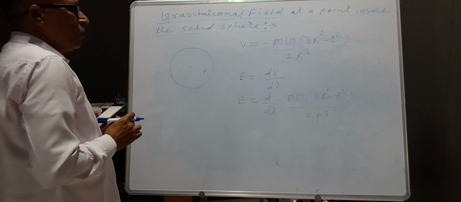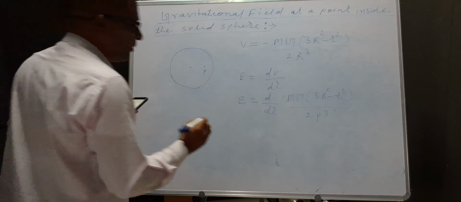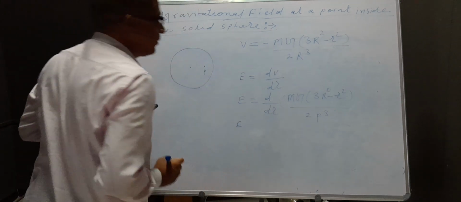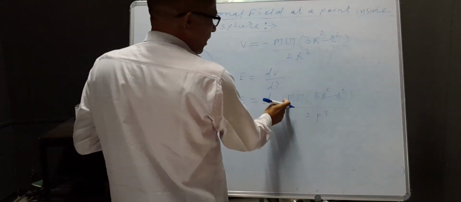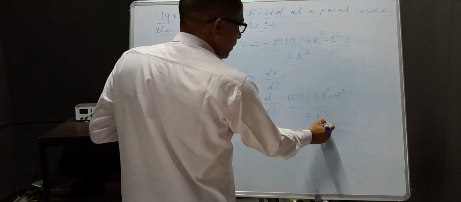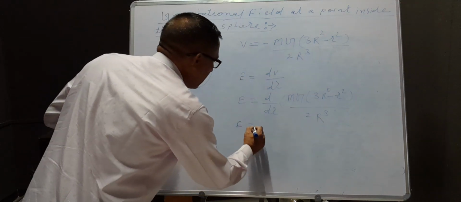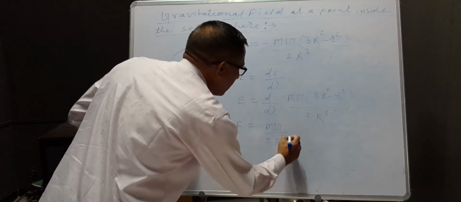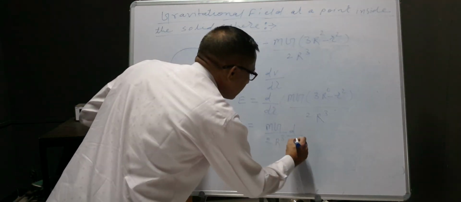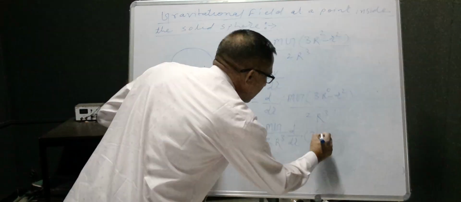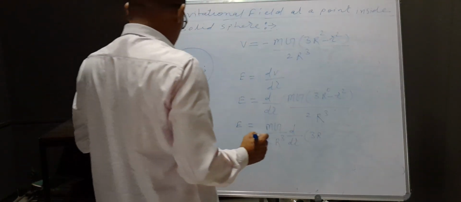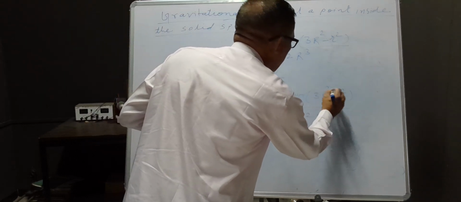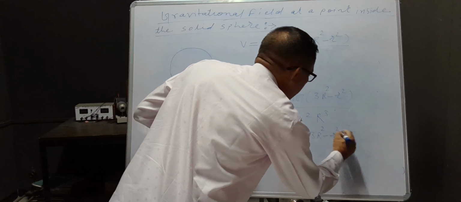For differentiating this equation, GM upon 2a cubed is constant, so we take it outside and differentiate the bracket 3a squared minus r squared.